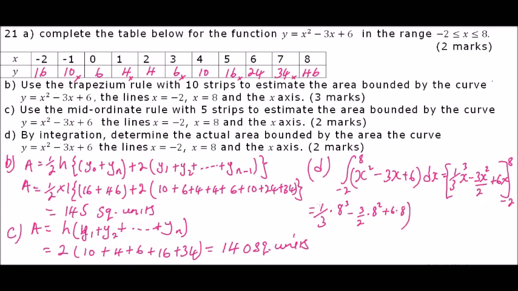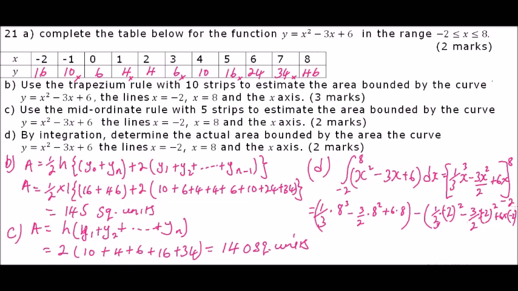So you close the bracket, and then you say minus, you substitute minus 2: minus 2 cubed over 3, minus 3 over 2 multiplied by minus 2 squared, plus 6 multiplied by minus 2.